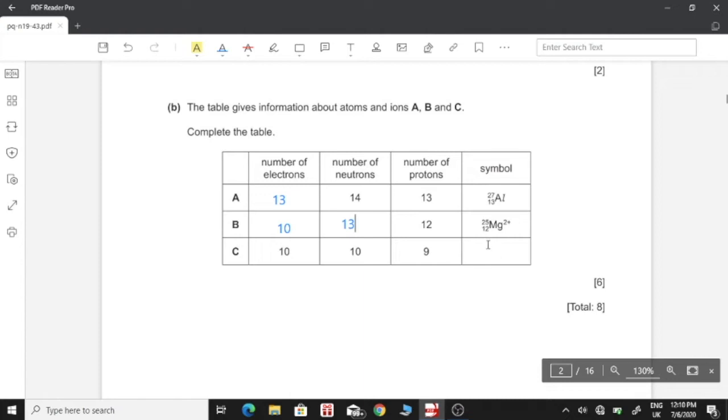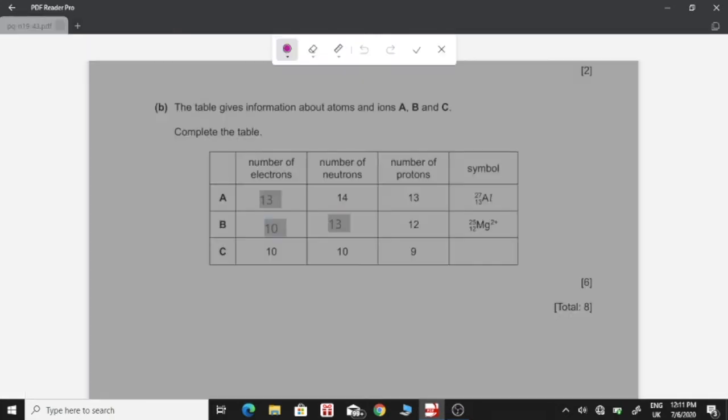But we're going to have to write this as a fluoride ion since we have an extra electron here. So we put the charge on top here and these numbers over here. This fluoride ion is going to have the mass number 19 and atomic number 9.